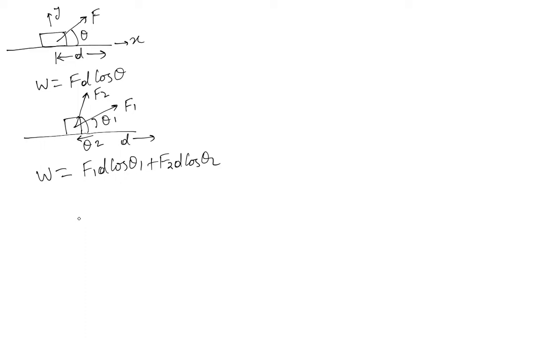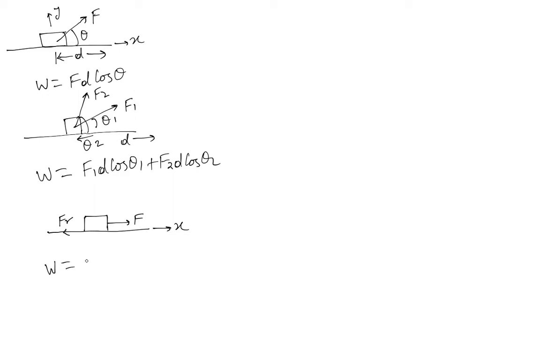Let's take a special case when you have an object and you apply a force F along the x-axis, but now you have friction present, and let's call this friction Fr. Now what is the work done?